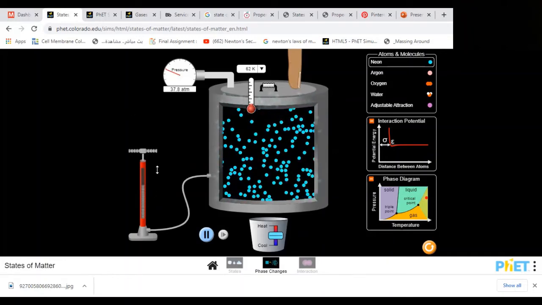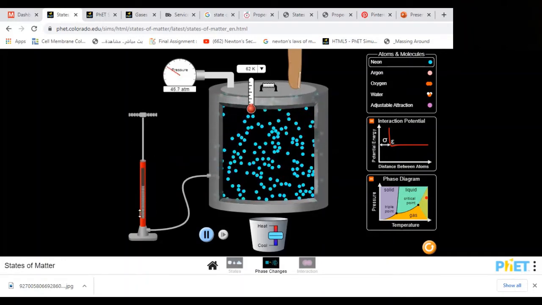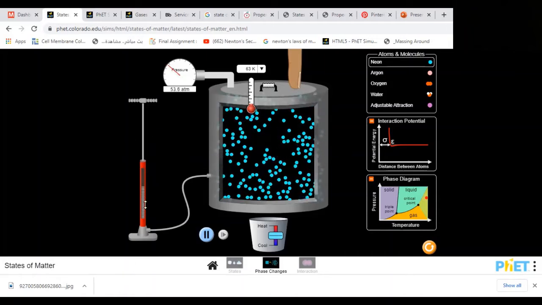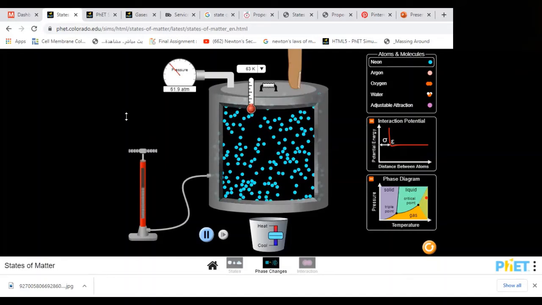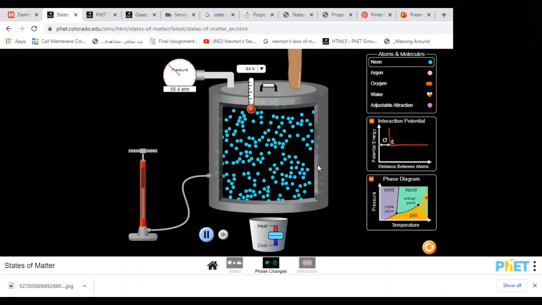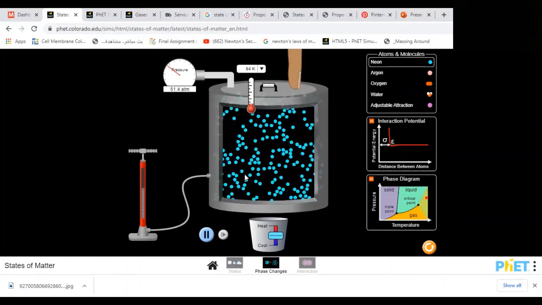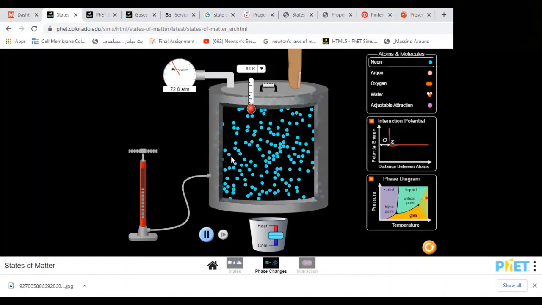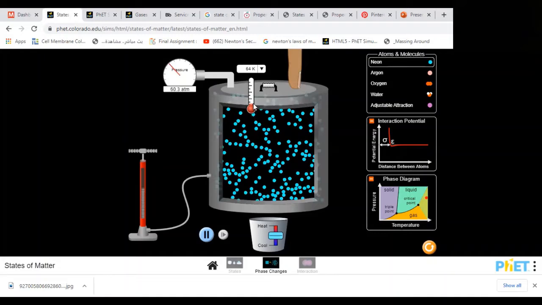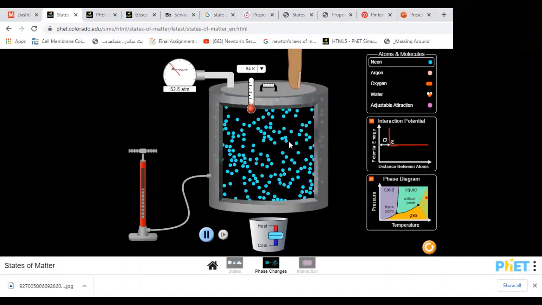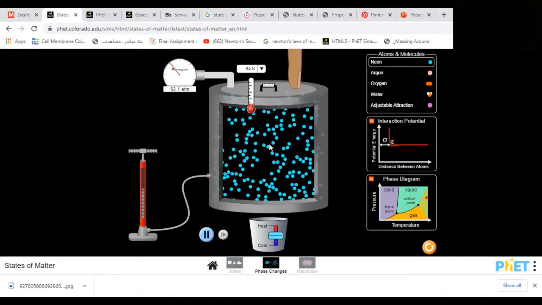When I give more particles in the same space, in the same container, do they collide more with each other? Sure, because they have less space to move, so they keep hitting each other.